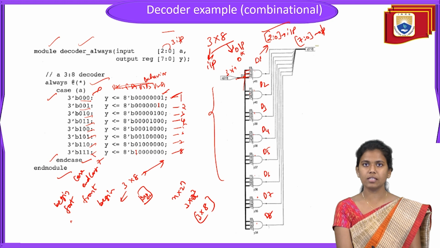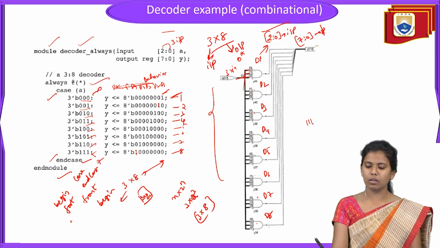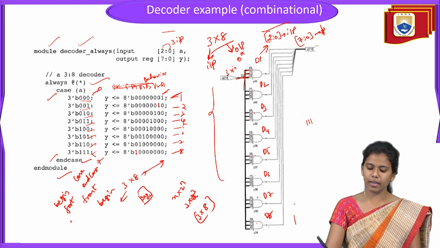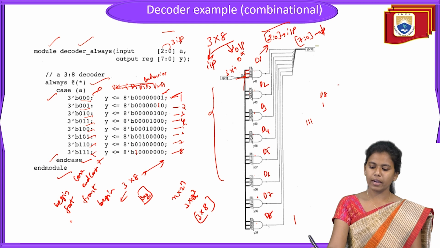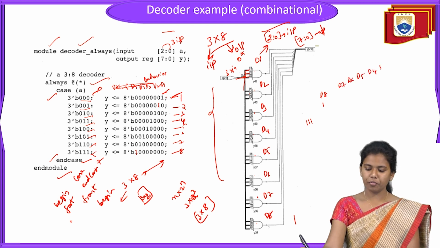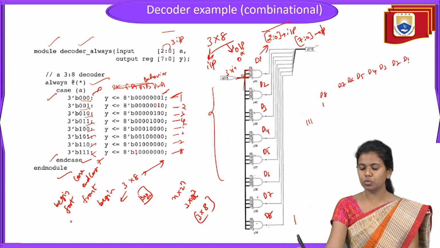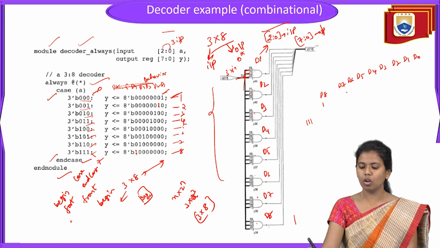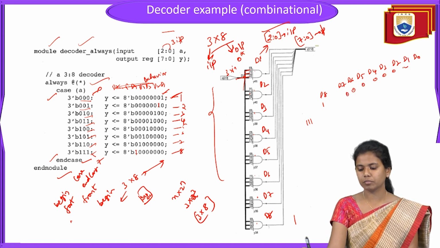Likewise for the last case, when all the inputs are 1, 1, 1, my D8 will be enabled, that means it becomes 1, and all of D7, D6, D5, D4, D3, D2, D1 will be disabled.